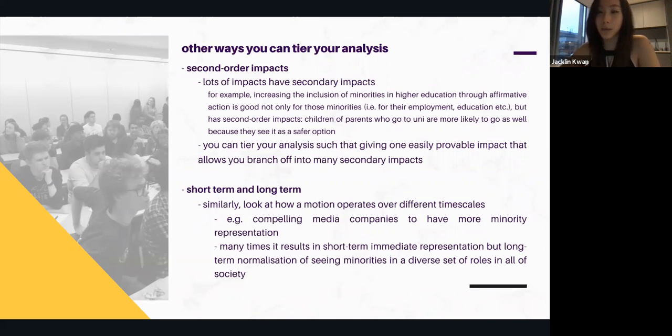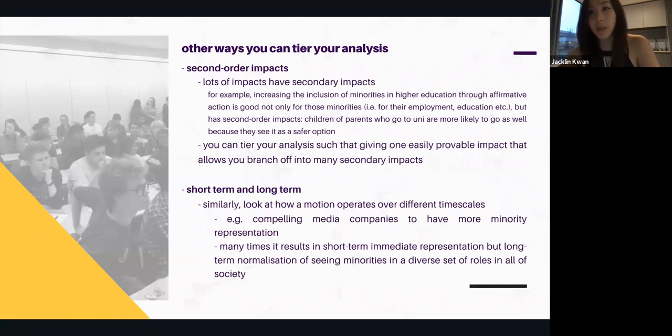So for example, if it's something like racial quotas in universities, sure, you have a very initial impact of just, hey, more minorities now get into university, but also the secondary impacts of that. When you have minorities going to university and graduating, their children statistically are shown to be more willing to go to university if their parents have.